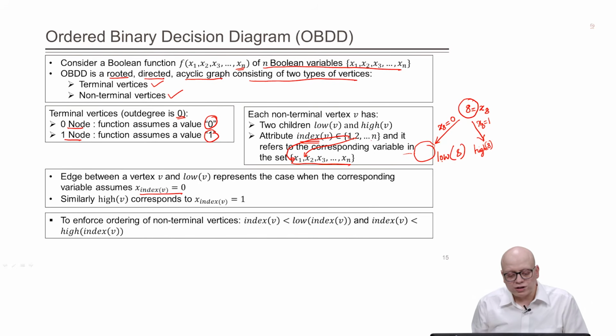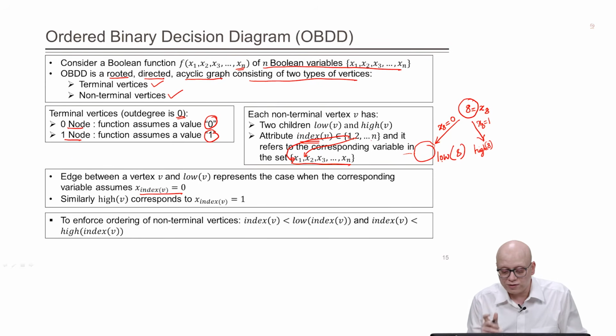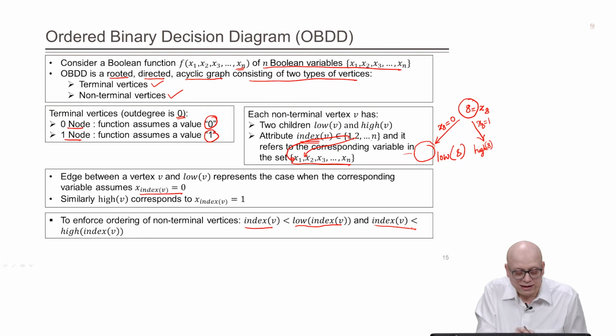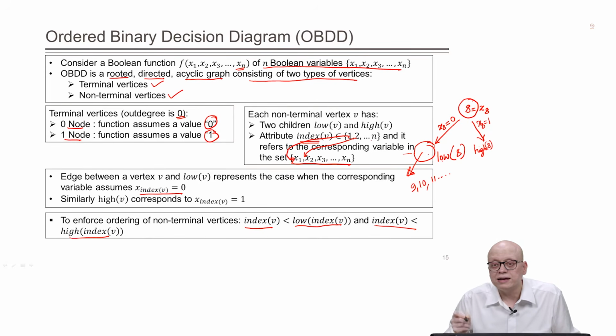To enforce ordering of non-terminal vertices, we enforce this constraint. Now, we say that from the root to the leaf, the ordering of variables will be in a certain way, and to enforce that, we say that the index of V will always be less than the index of low V and the index of V should be less than the index of high V, meaning that if there is a low V of 8, then the index of this node can be 9, 10, 11 or greater than 8.